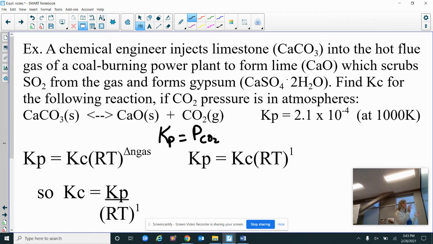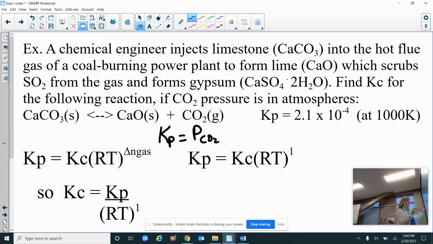So once again, looking at delta n, we have 1 mole of product gas and no moles of reactant gas, so it's just 1. So Kp is equal to Kc times RT to the first.